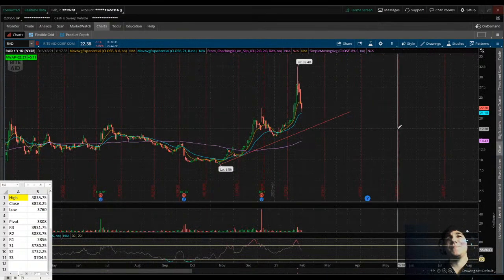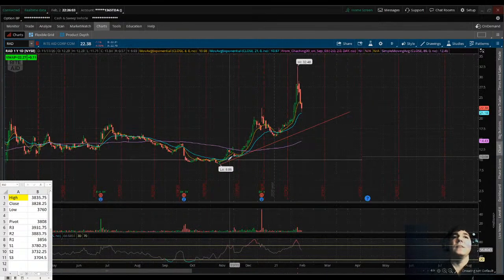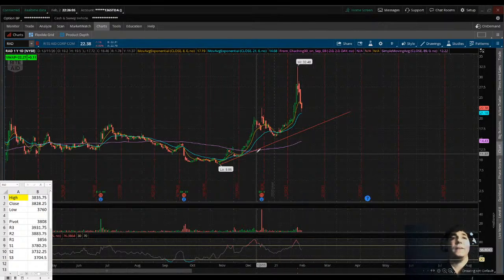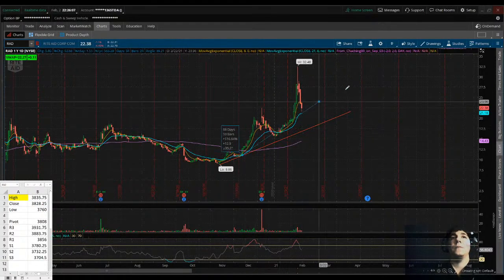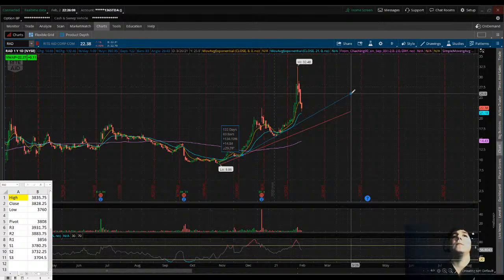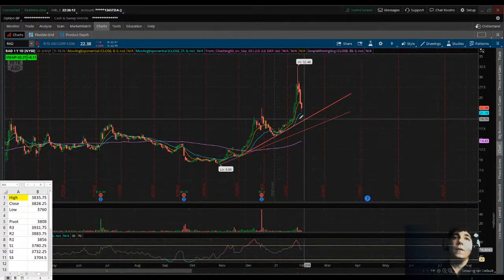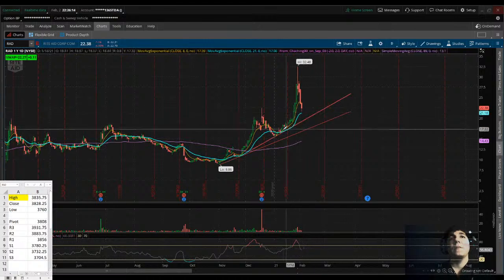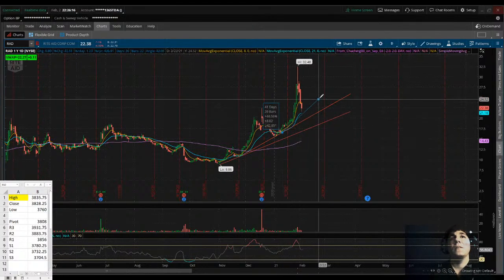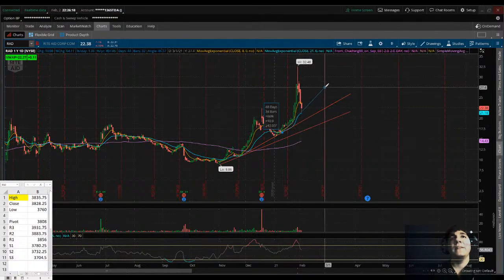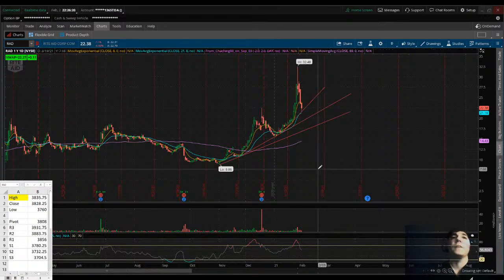All right. So you got this long-term trend line right here. Then you got another one right there. Then you've got one more right there. Okay.